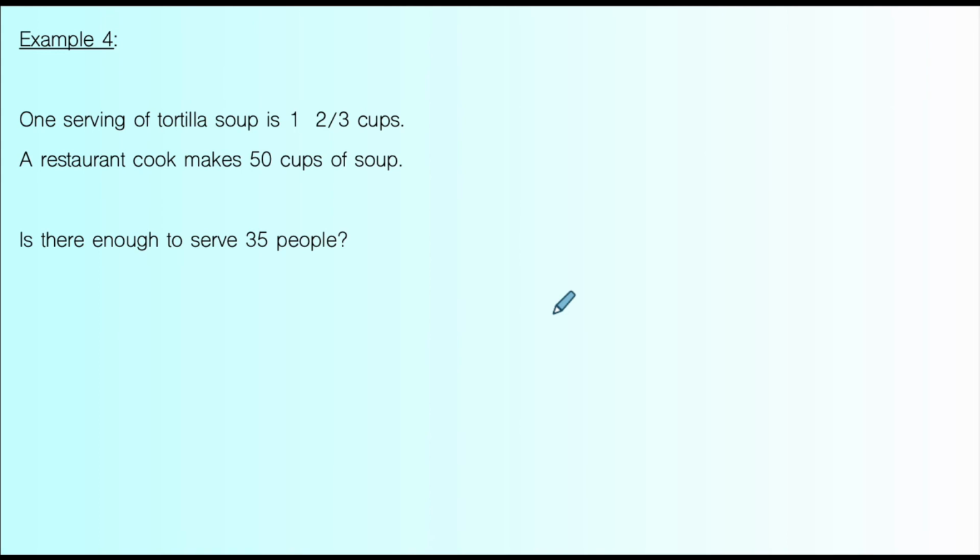So what makes this a division problem? Well, here's what I'm thinking. If I have a big pot of soup, excuse my drawing, I'm not very good. Here's my big pot of soup, and it has 50 cups inside of it. I want to know how many bowls of soup are in that thing.